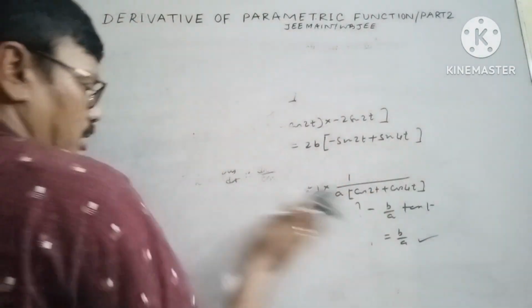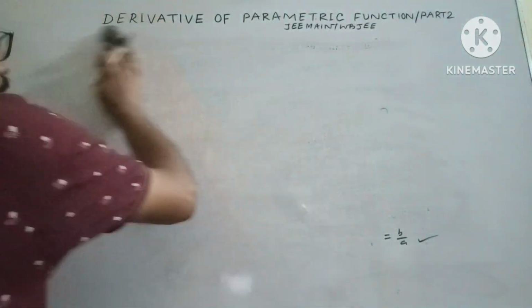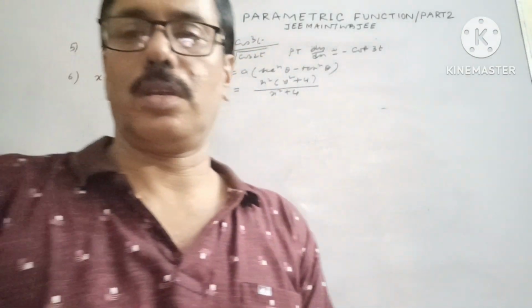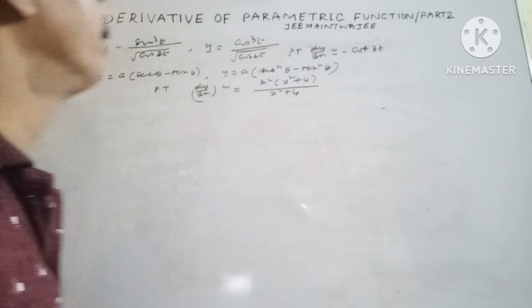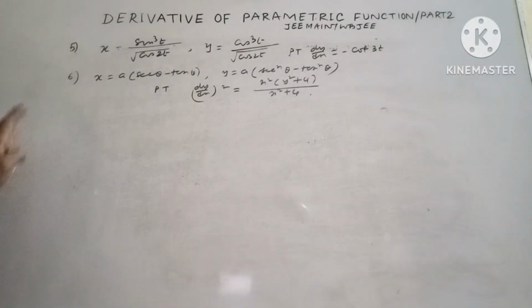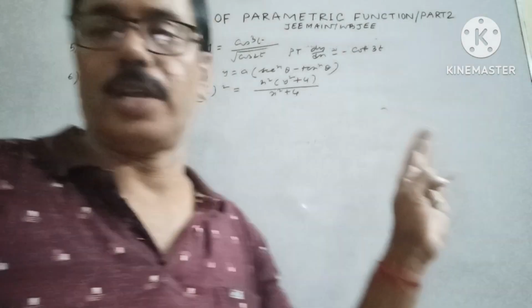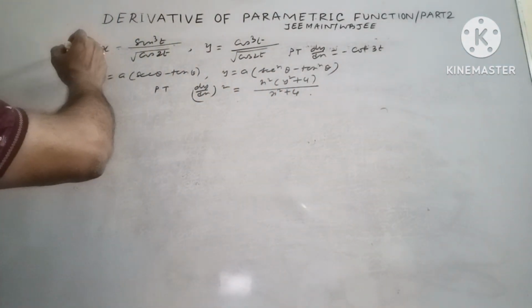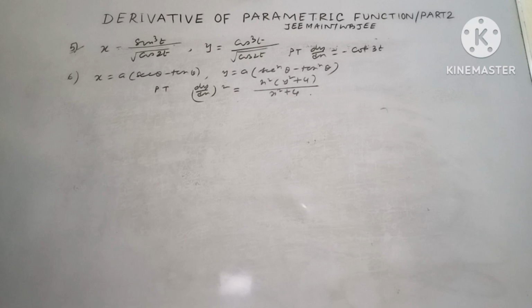Now we consider two more problems. So they are typical problems. So problem number 5 and 6.